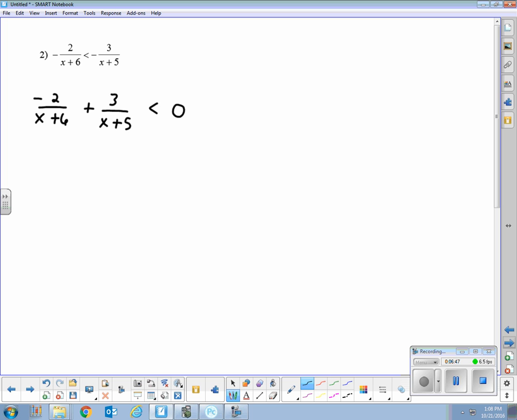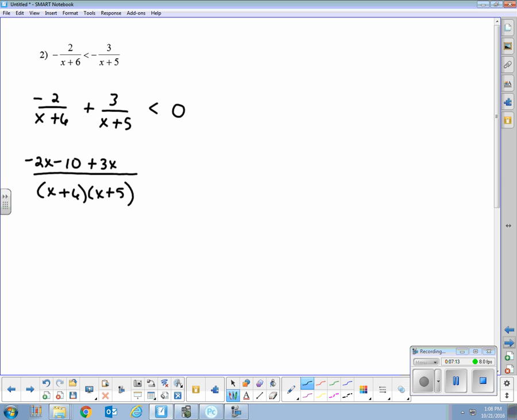Now I'm going to combine these together. My common denominator is x plus 6 times x plus 5. We've done this in an earlier unit. In the numerator, I'm going to have to multiply the first fraction's top and bottom by x plus 5. So that's negative 2x minus 10. In the second fraction, I'm going to multiply the top and bottom by x plus 6.